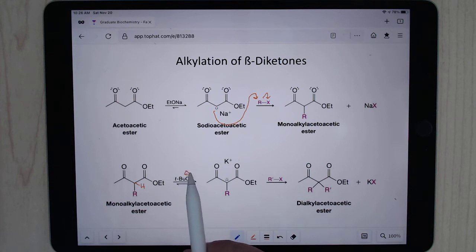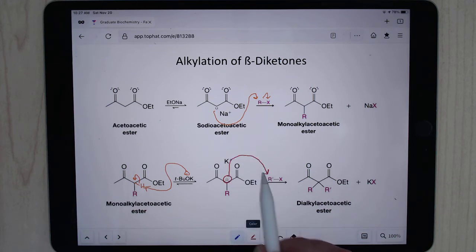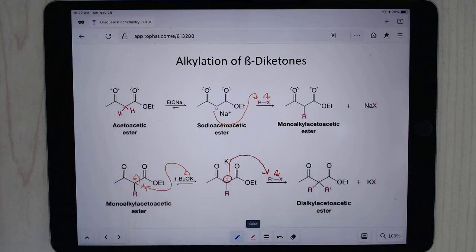Okay, so again, this can come in, grab this, there, right, and then we can come in and do this again. Right, and then this can come in and do it again. Right, so we can do this more than one time, right? Because we have more than one acidic hydrogen here, right? Because there's these two, we can take advantage of both of these.